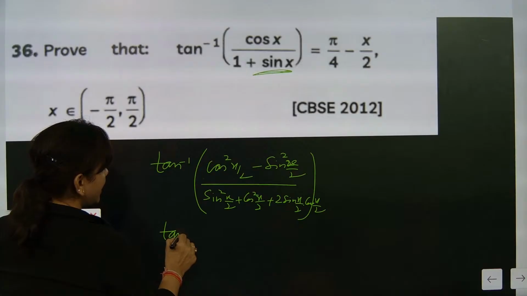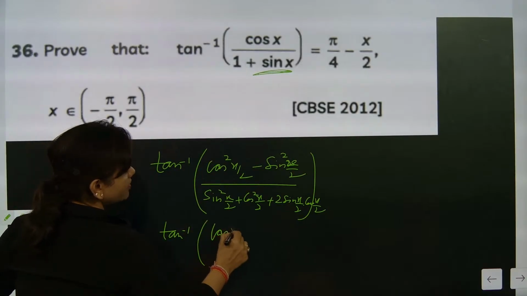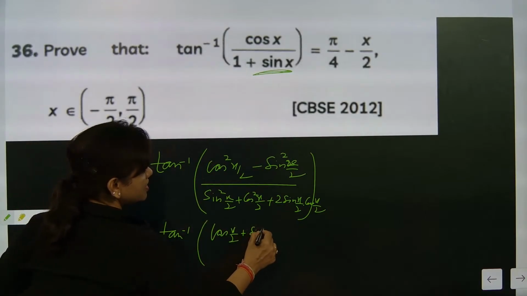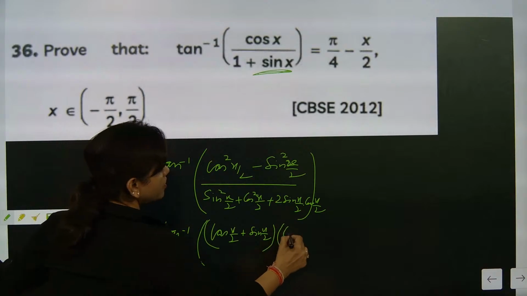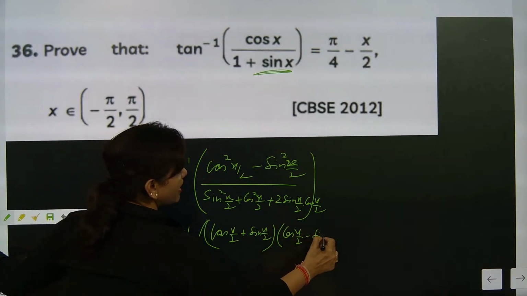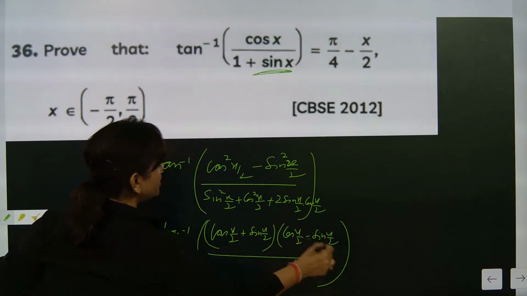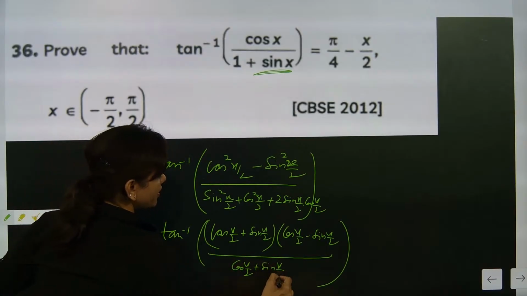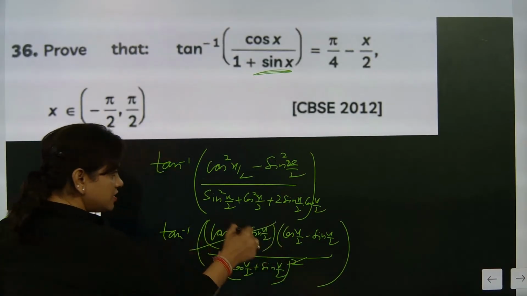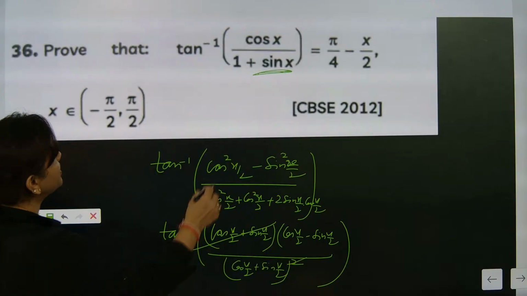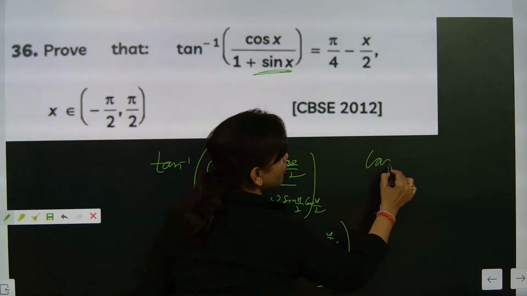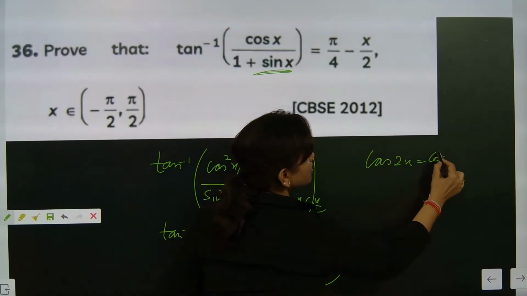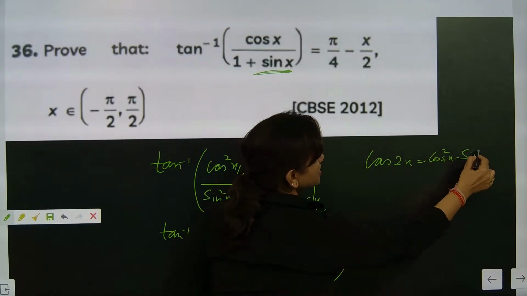So it will become tan inverse of cos x by 2 plus sin x by 2 times cos x by 2 minus sin x by 2, and the denominator will become cos x by 2 plus sin x by 2 whole square. This square and this part will get cancelled. Why? Because the cos 2x formula is cos square x minus sin square x.